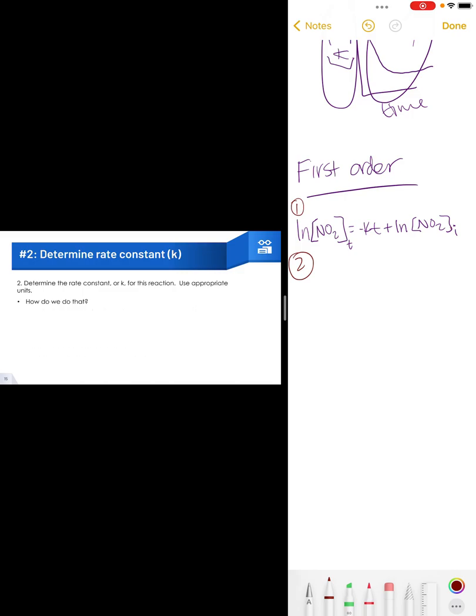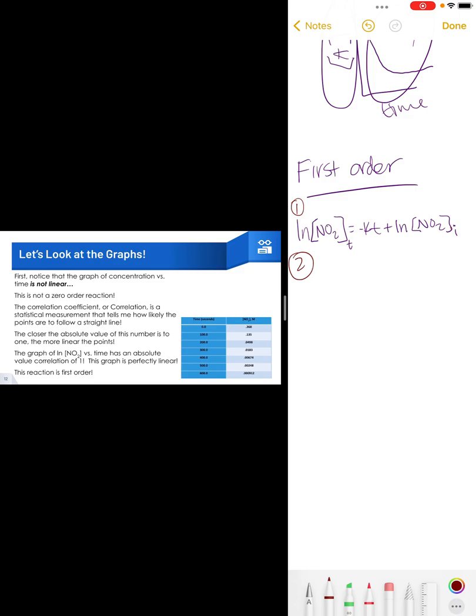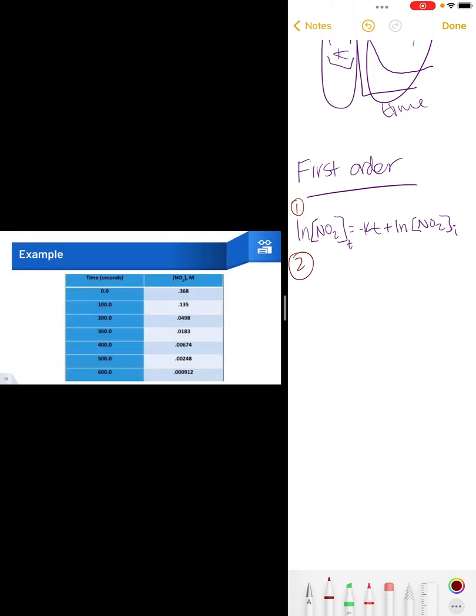So let me just show you where that came from, and we'll come back to this. There it is. Okay, so this data table. So I have natural log, and I'm going to leave this first one blank for a second. Negative K times some period of time plus log of my initial concentration.